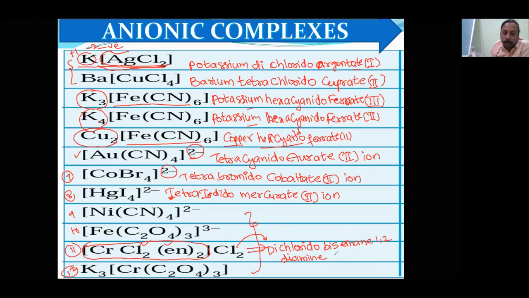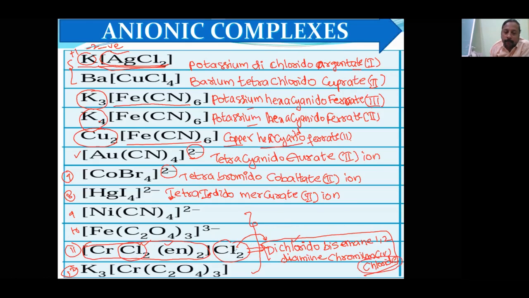Then chromium. Here it will not be chromate, it will be chromium. Chromium oxidation number will be 4. And outside, 2 chlorines are there, you need to write only chloride. Outside the bracket, whatever the number is, you need not mention it. See, the same chlorine inside the bracket I have written as dichlorido, and this chlorine outside the bracket is only chloride.